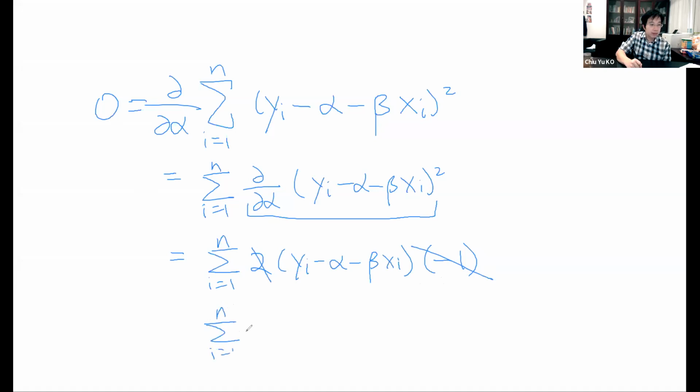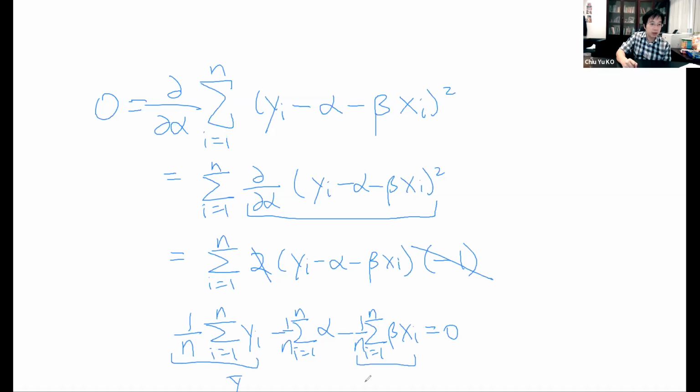You can separate one part, the summation of yi, and the summation of alpha and the summation of xi. And you can divide everything by 1/n. Okay, this will be y bar. The beta is a constant, so take it out, giving beta x bar, and this is just alpha.